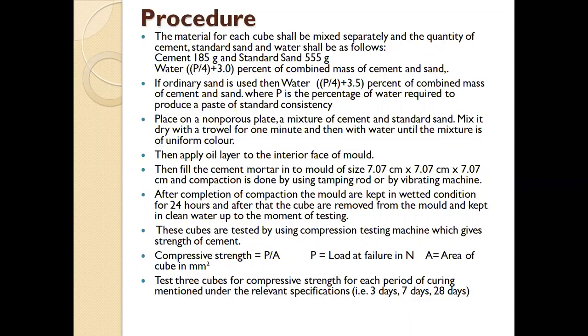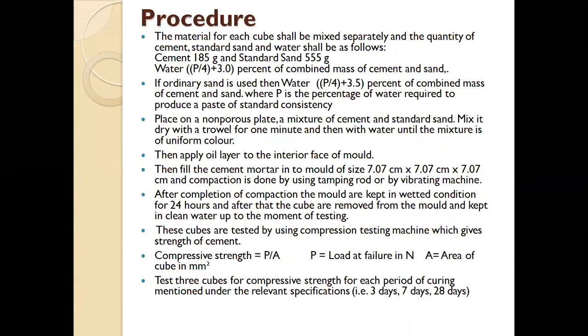If the water percentage comes to about 15%, and the combined mass of the cement and sand is 100 gram, then 15% of 100 gram is 15 gram, but we use 15 ml of water for the test.